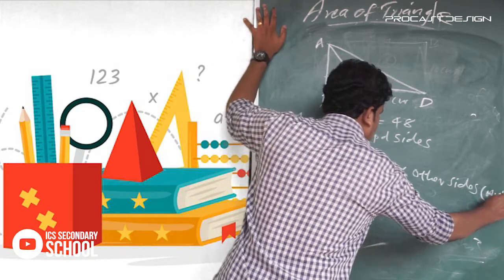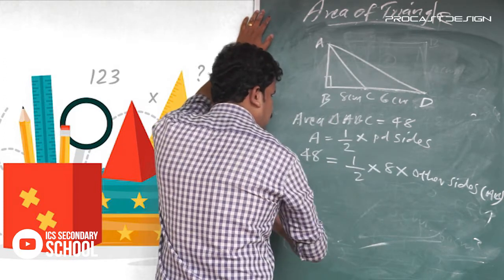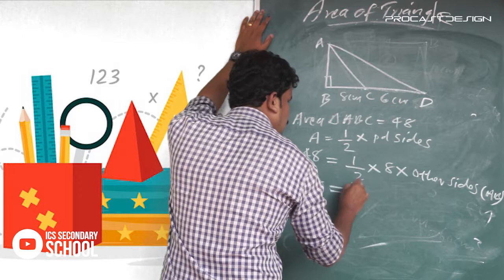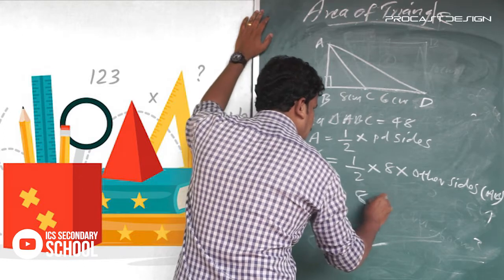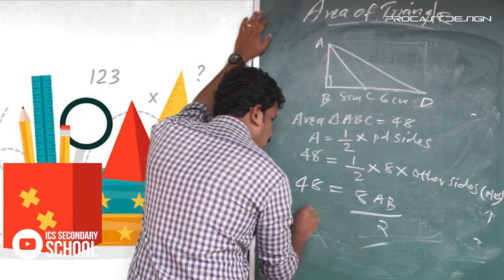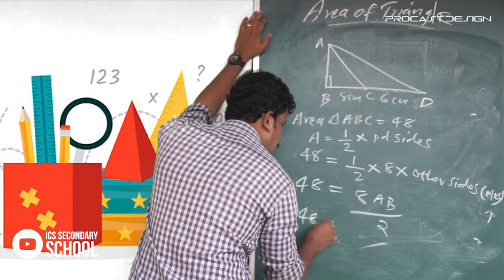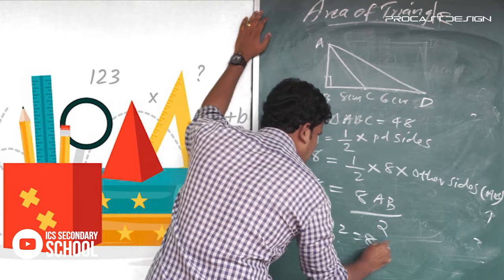So 48 equal to 8 AB by 2. Then 48 into 2 equal to 8 AB.